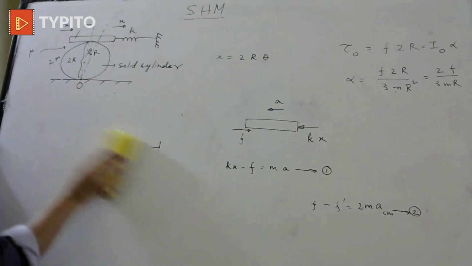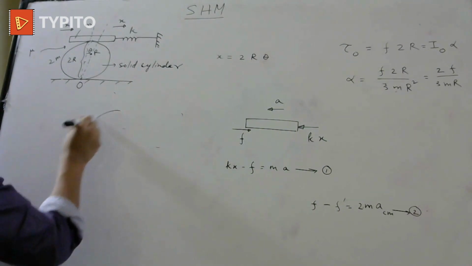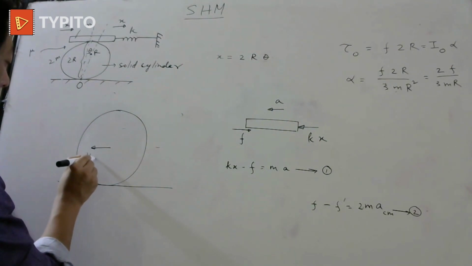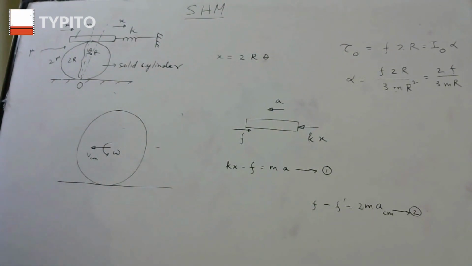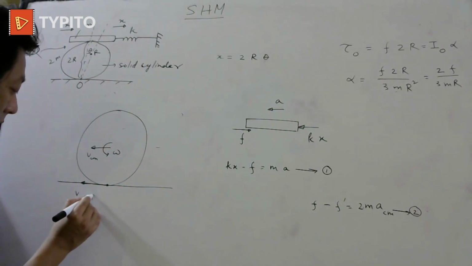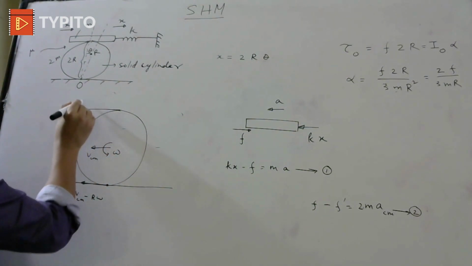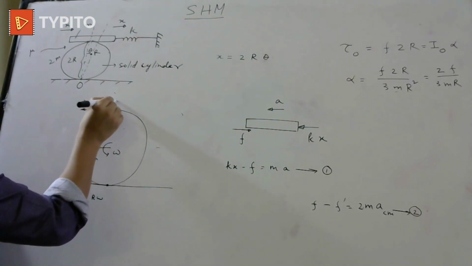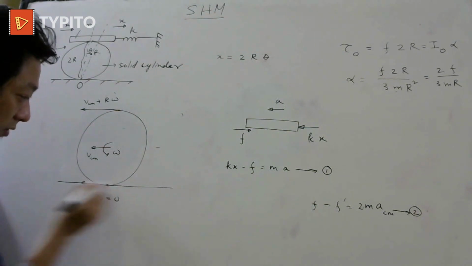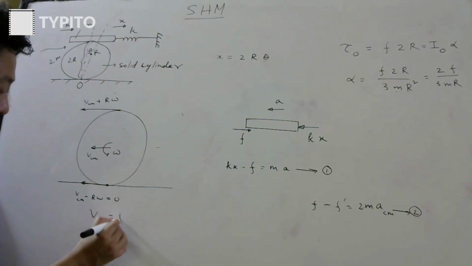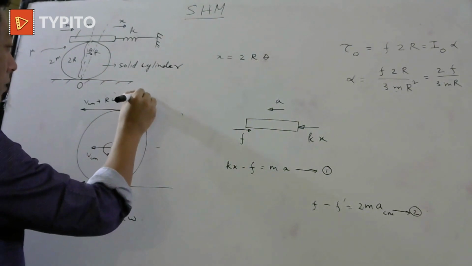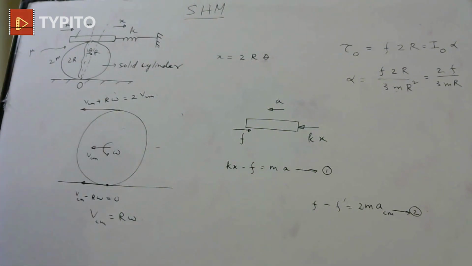So you have understood that when a body is moving with velocity VCM and also rotating with angular velocity omega, this point will have a velocity VCM minus r omega, and this point will have a velocity VCM plus r omega. But if you want rolling without slipping, then this point should have zero velocity, same as the ground. That means VCM should be equal to r omega. That means here it will become 2 VCM, because r omega is VCM.